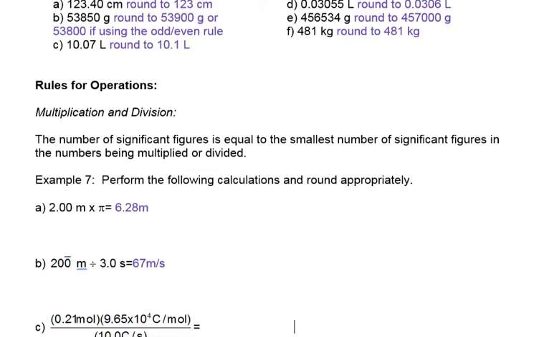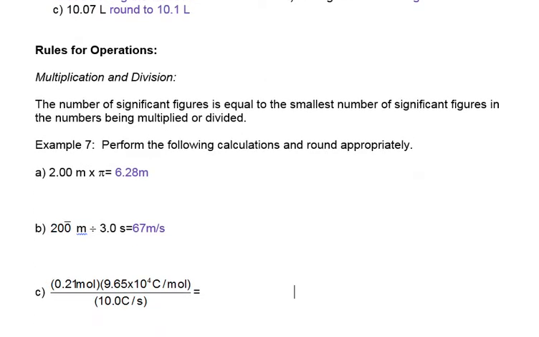We can also do more complex calculations, like this one, where you have more than one thing being multiplied or divided. So then you've got to look at all of them. We've got 2 sig figs in our first number, 3 sig figs in our second number, 3 sig figs in the number that we're dividing by. So when we look at our sig figs, our least number of sig figs is 2.